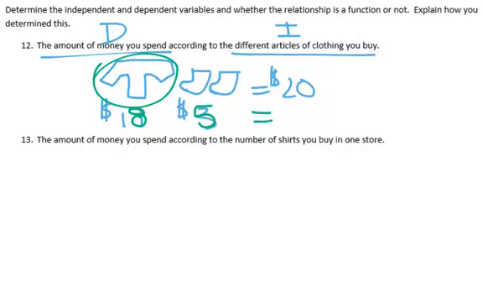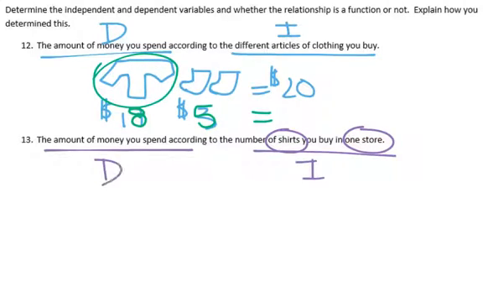Now, 13, the amount of money you spend according to the number of shirts you buy in one store. Okay. So now we're talking about one store, just shirts. So now, once again, this is our independent and dependent. But if we think about this one, now it's getting to the point where it's the same thing each time.